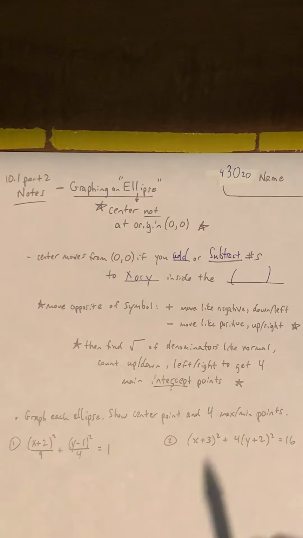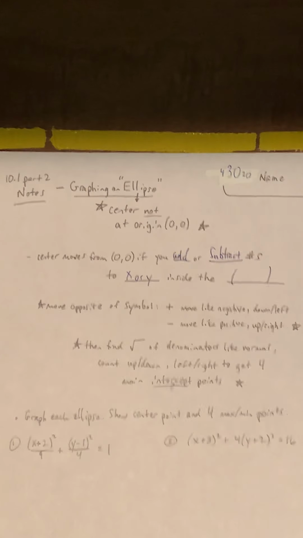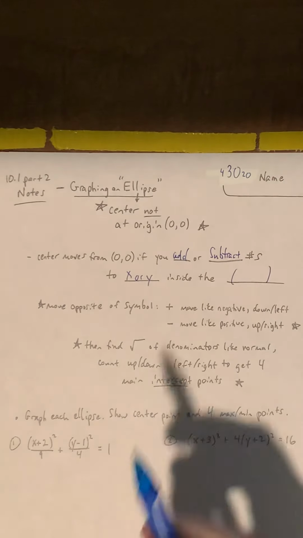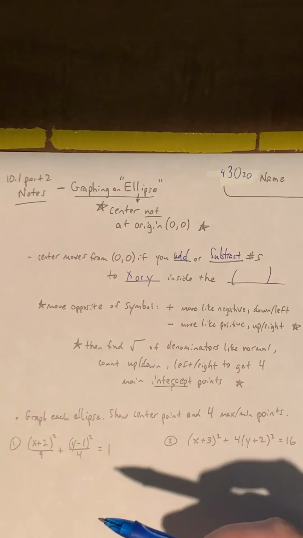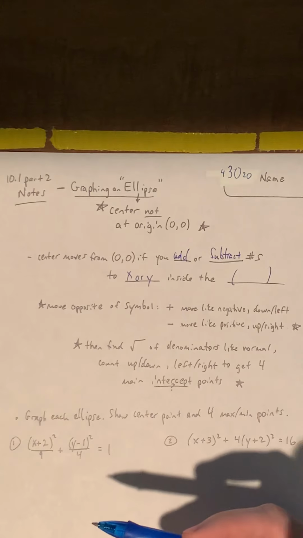If you add something inside to the x inside the parentheses, like in a sine or cosine graph, it's shifted left and right a certain number of increments. So it's the same idea here, okay? Now, one key thing to keep in mind, like we've also seen before, is that you really move opposite of what you think you would do, okay?